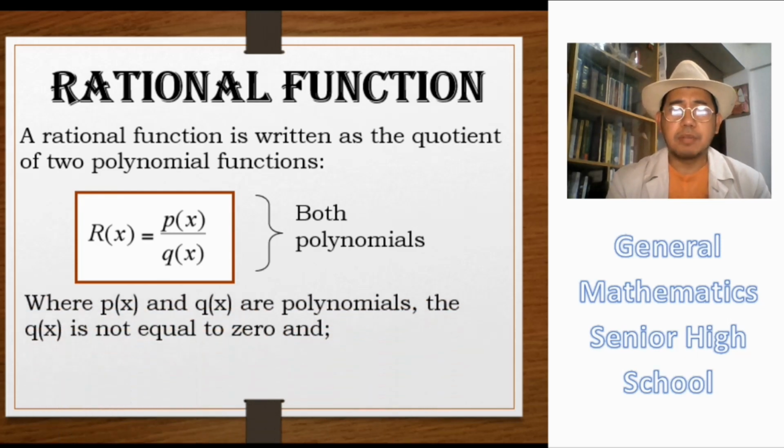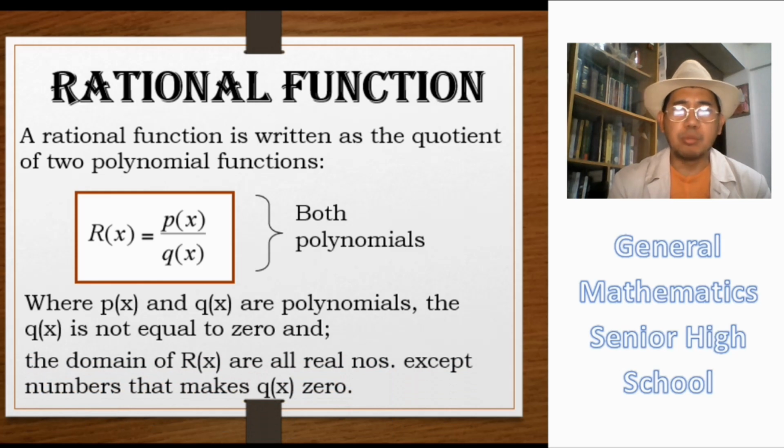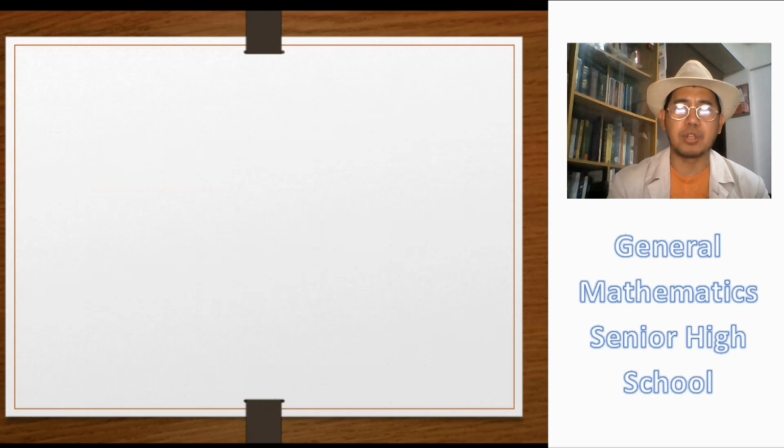It says here that q of x should not be equal to 0. And the domain of the rational function r of x is all real numbers except the numbers that will make q of x 0. The numbers that will make q of x 0 are not included in the domain of the rational function.